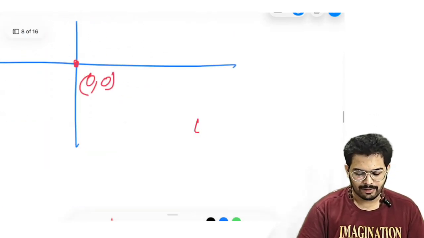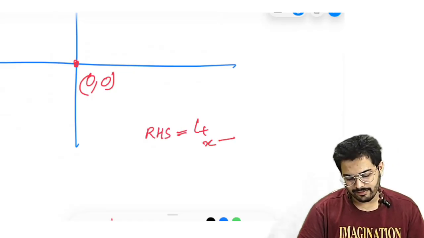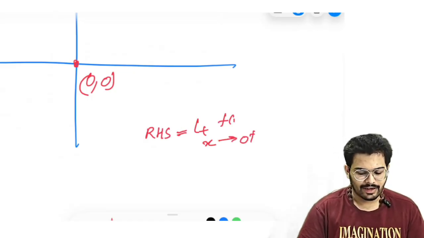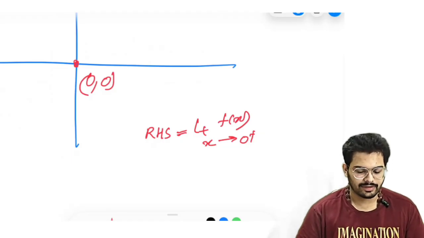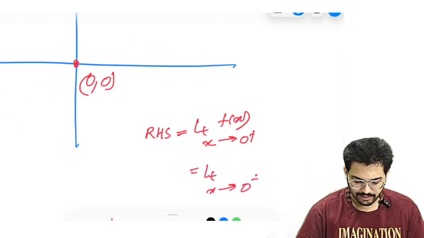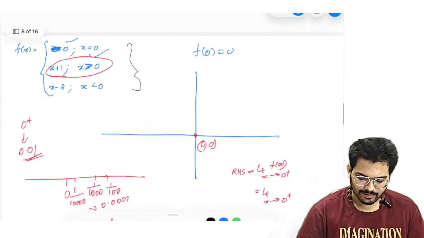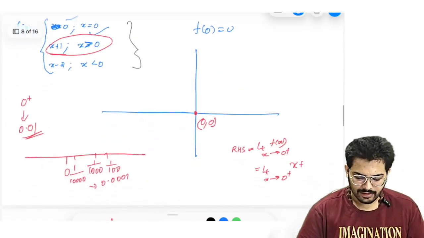We can find the approximate value, that is the right hand limit: when x is approaching from 0 plus, what is the value the function is approaching. In that scenario, limit x tending to 0 plus, when x is positive, f of x will be x plus 1. When you put the value 0, you will get 1.